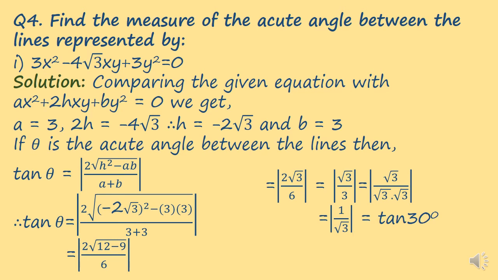So tan theta turns out to be 1 upon root 3. Now 1 upon root 3 is nothing but tan 30. Remember, we are taking the positive values outside the mod sign. So tan 30. So we say that theta is equal to 30 degree. Thus we get the answer. So learn this formula for tan theta thoroughly by heart. Keep it in your mind so that you can solve the sums readily.